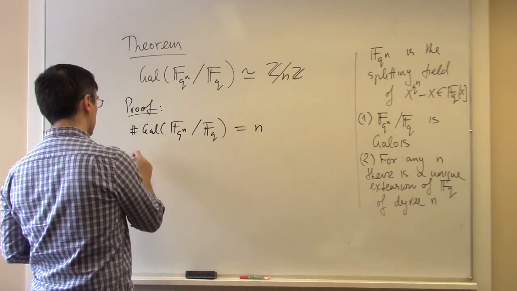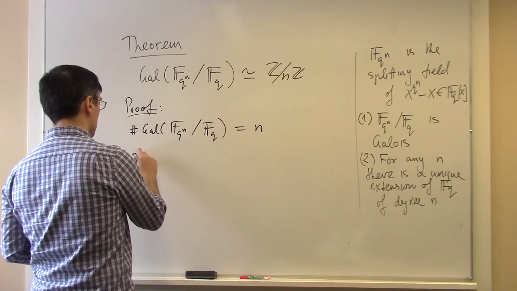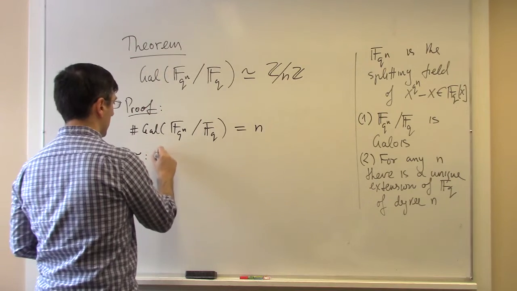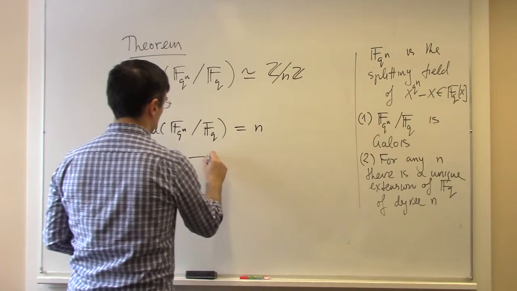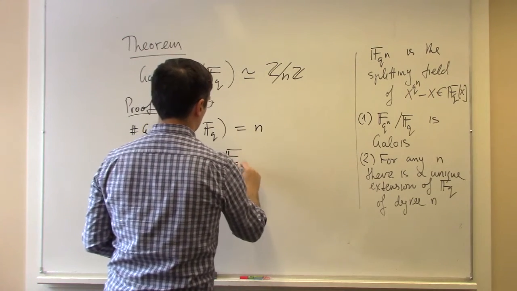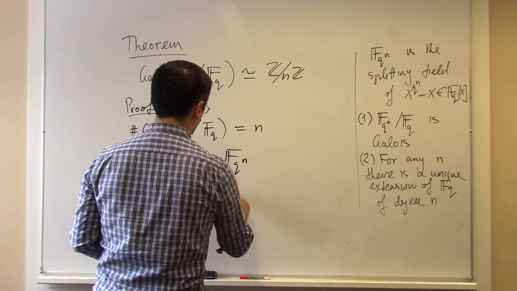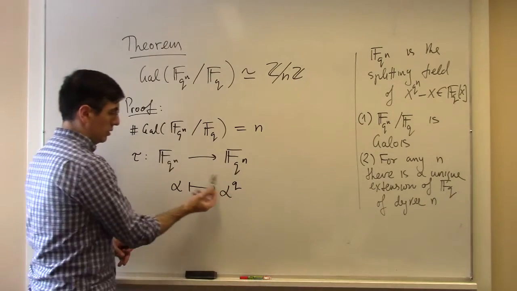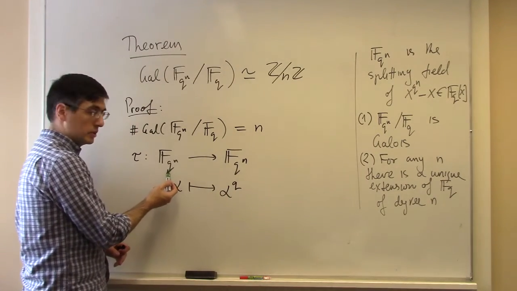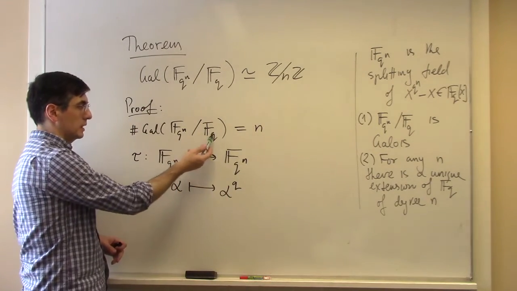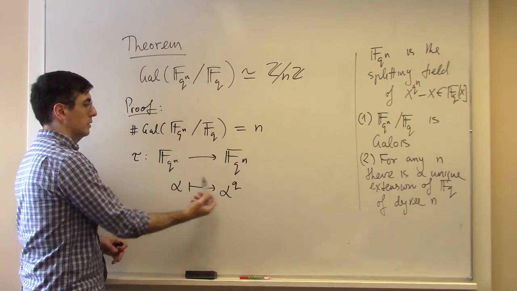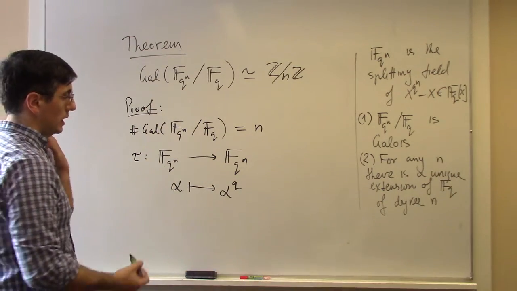But what's the generator? You take this element, tau, that maps Fqn to Fqn, and what's the map? Well, alpha goes to alpha q. Okay, q is this element. So we're considering this as an extension of Fq, and I'm sending alpha to alpha q.